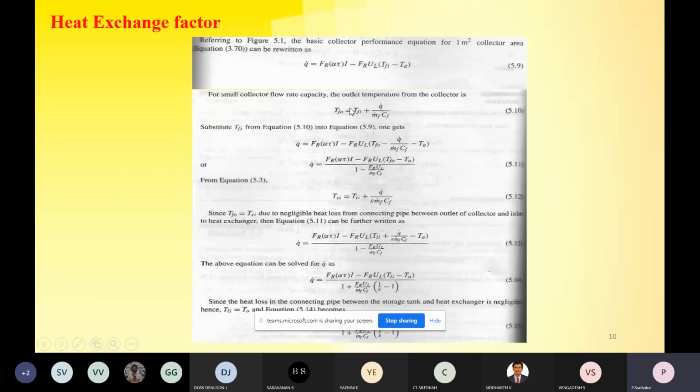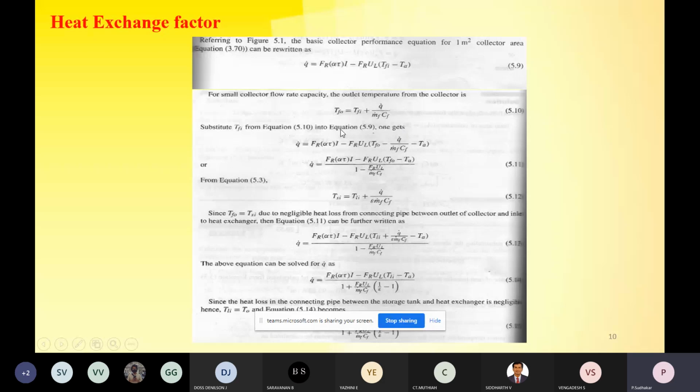So if you substitute the TFI value in this equation, you get this equation. So TFO minus Q dot by m dot F CF minus TA. In this we have to substitute this TFI value here.